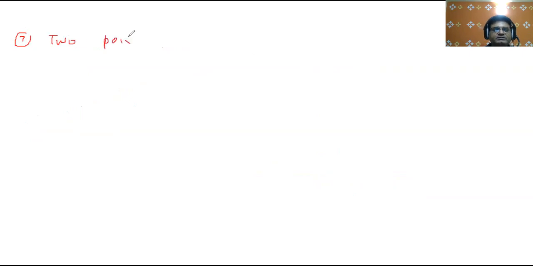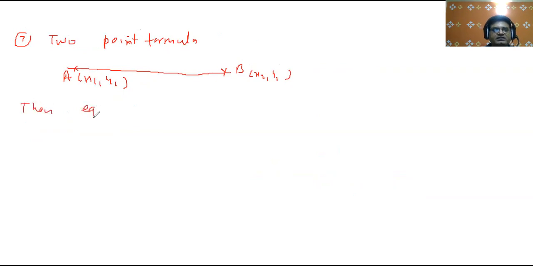Now we'll discuss the 2-point formula. Suppose there is a point A which is (x1, y1), and another point B, this is (x2, y2), and a line is passing through A and B. Then the equation of AB will be, first of all we'll try to find out the slope.